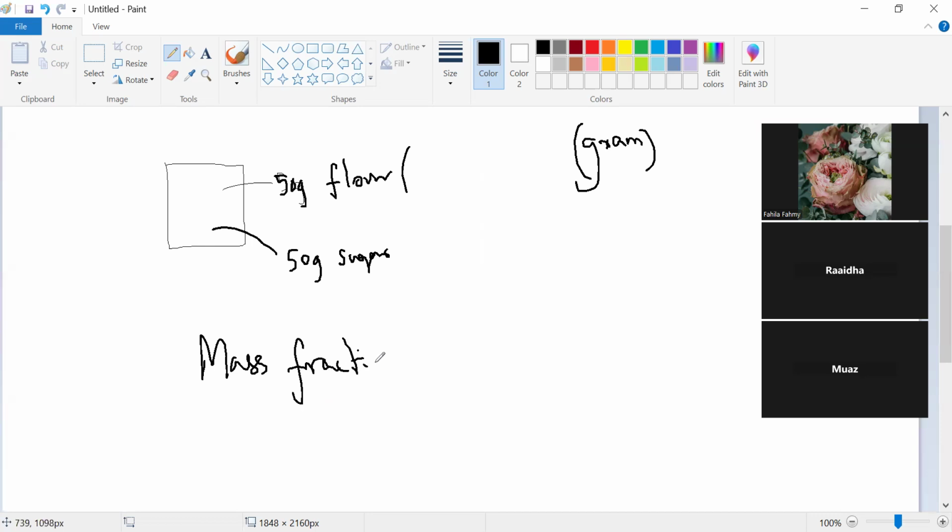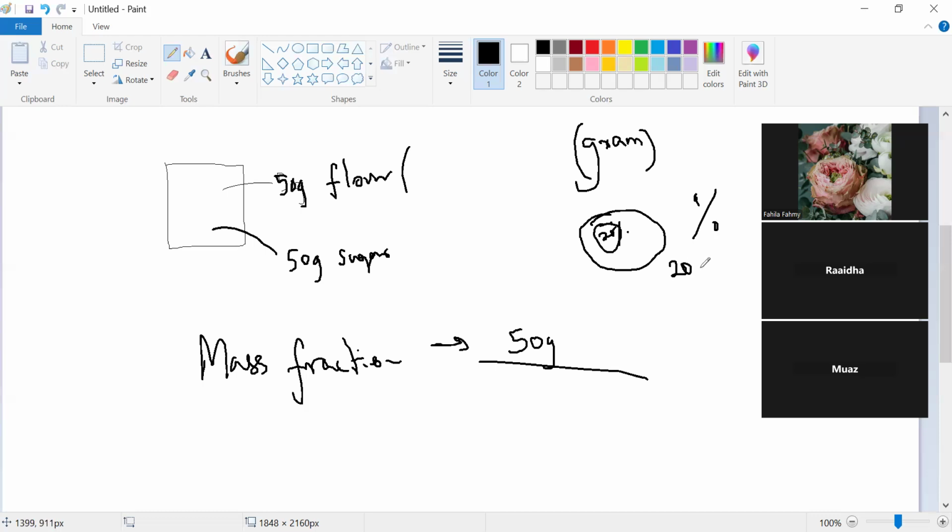So the mass fraction of flour would be what, Puta? Flour is 50 grams. If you are going to consider percentage, how do you get the percentage? You have to get the total and how much is present in it. If you say 20% of this sweet is chocolate, that means if you take 100 grams of this sweet, 20 grams of it would be chocolate.